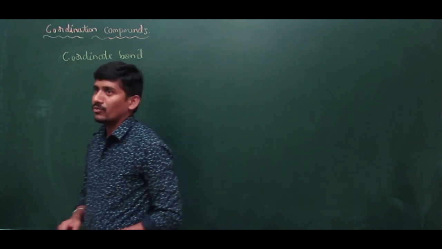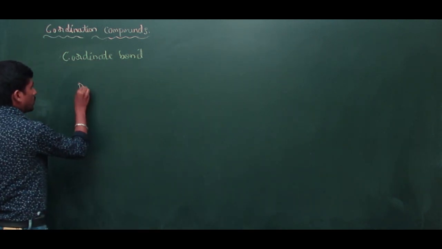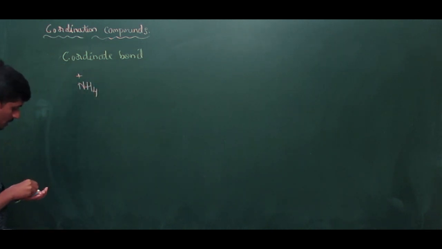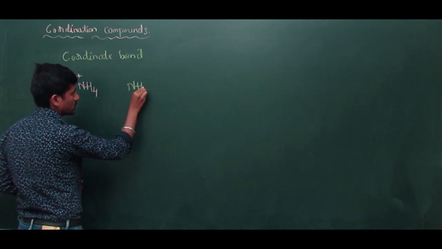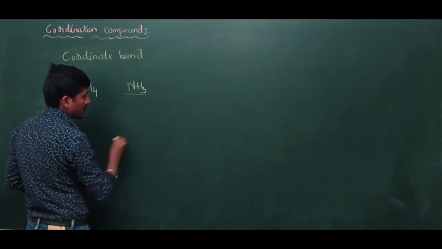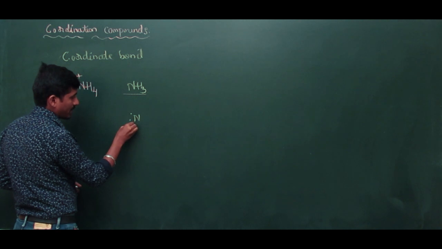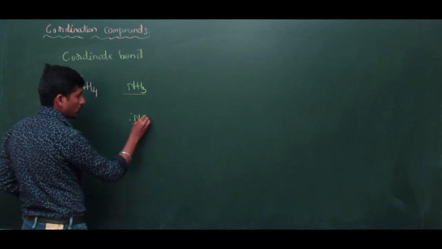Let's see an example for the coordinate bond, that is NH4+. We know the ammonia molecule, right? NH3. In the ammonia molecule, the nitrogen atom has 3 bond pair electrons and 1 lone pair.